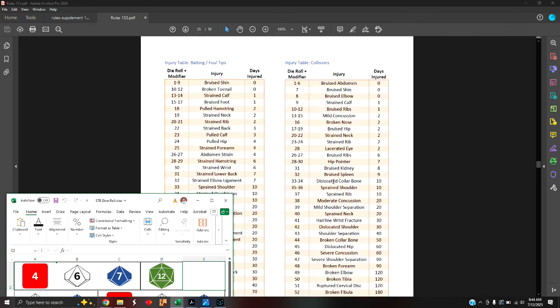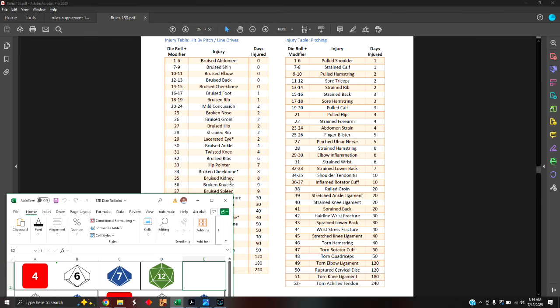And we're going to use hit by pitch again. 32. Bruised ribs, 6 days. So not as bad. And then we had Mark McGwire, which was a +5. 3, 4. 4 plus 5 is a 9. Bruised skin, no days. So he comes out of the current game, but he is not injured for longer than that. So there you go.